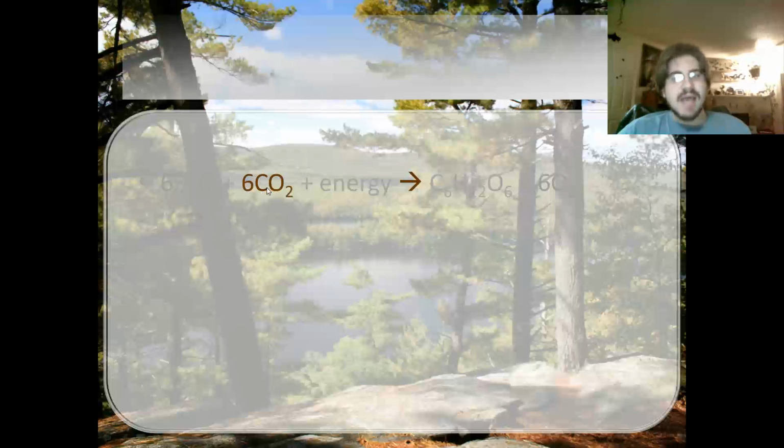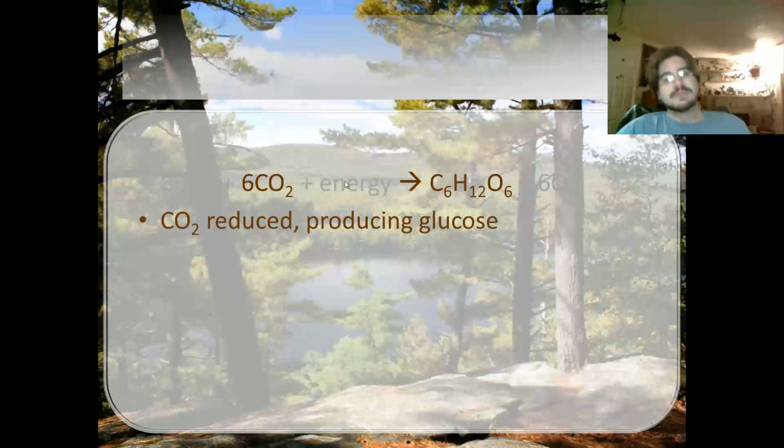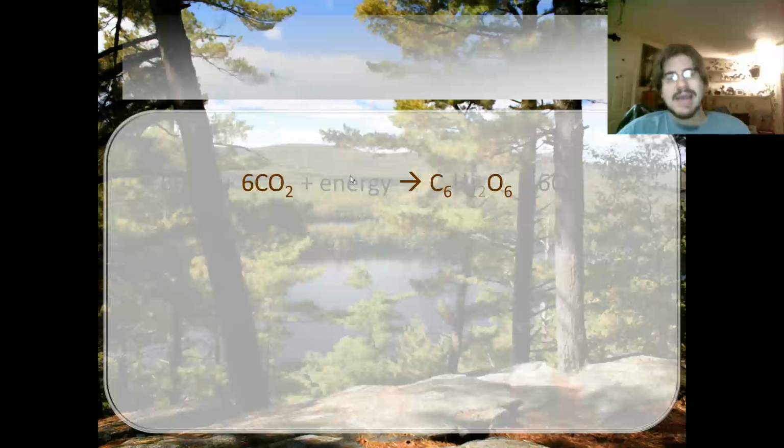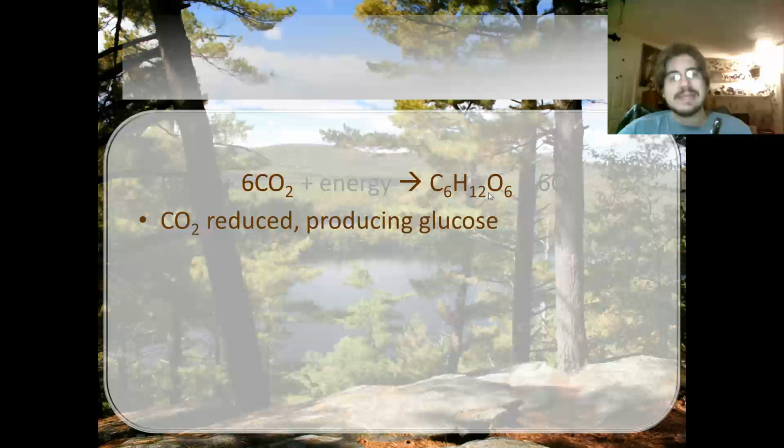Carbon dioxide, well, that's reduced, right? When you add hydrogen to something, so I've got my carbon and oxygen, and I'm going to add the hydrogens that I liberated earlier, I reduce it.